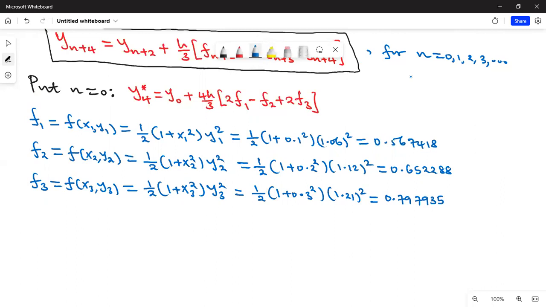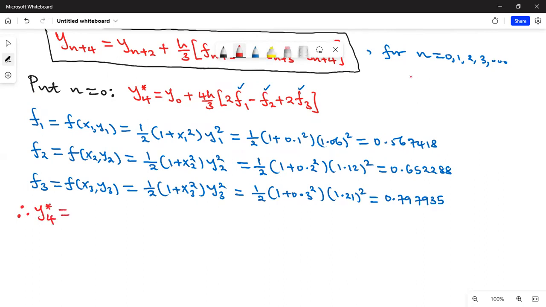So with those, we can now find y4 star because I already have this. So you can say that therefore, y4 star is simply equal to y0.